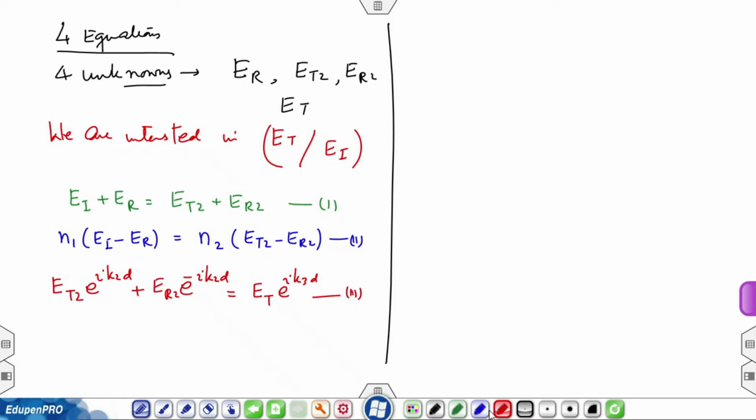And finally, I have the fourth equation from the magnetic boundary condition matching, and that will be N2 times (ET2 e raised to i k2 d minus ER2 e raised to minus i k2 d) equals ET N3 e raised to i k3 d. That is my equation 4.